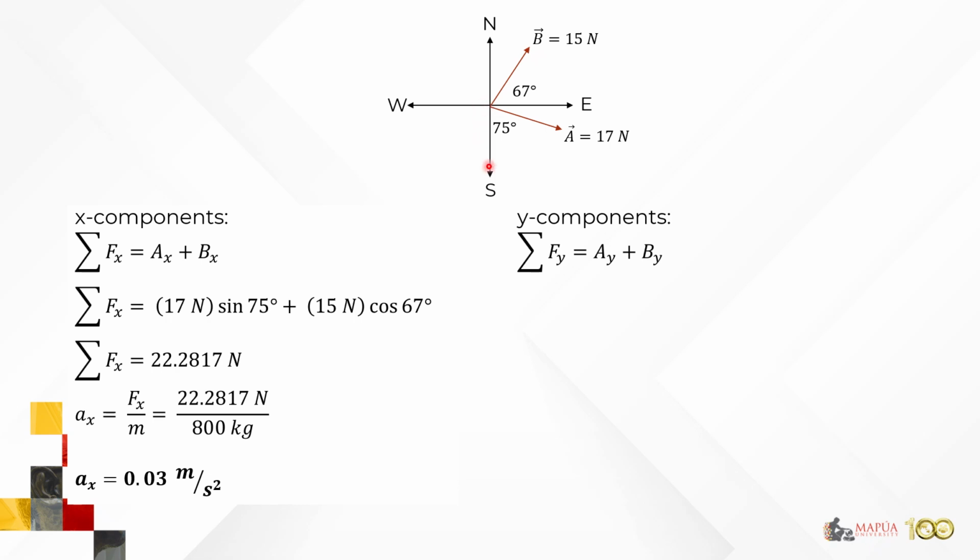Remember, for the y component, the vertical component, upward should be positive and downward should be negative. So you'll notice that our first term, the y component of A, should be negative because it's pointing downward, times cosine 75 degrees, plus 15 newtons times sine 67 degrees.